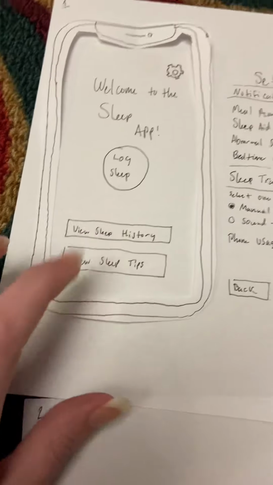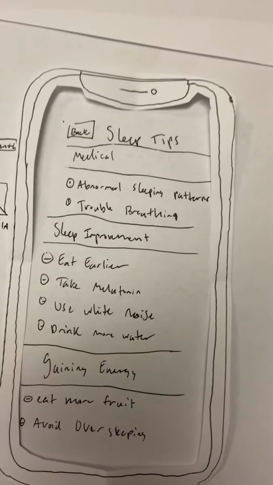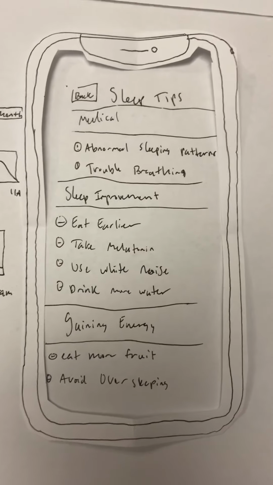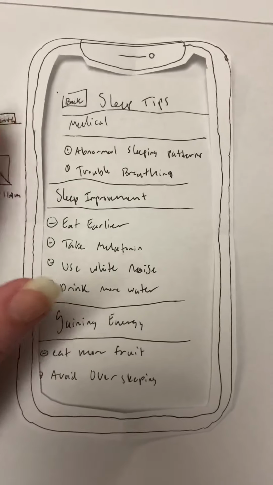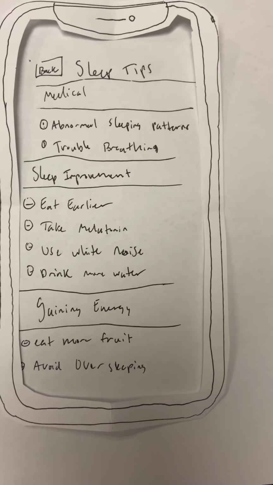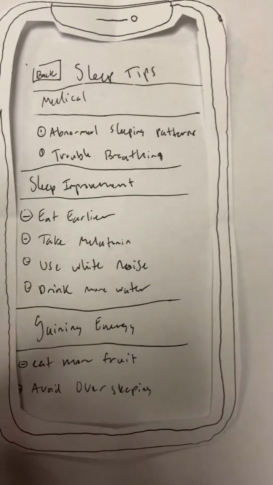You could select to view your sleep tips, and these are kind of links or just general tips for how to sleep better that have been proven through data and research. So there's medical information.